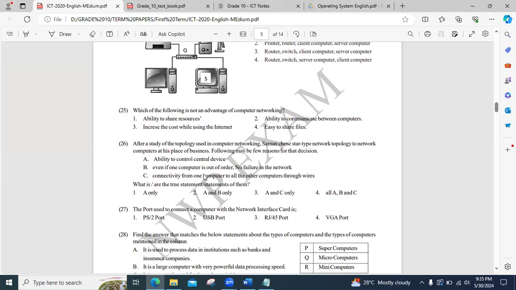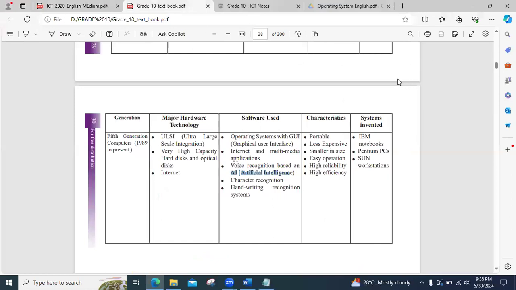After the study of the topologies used in computer networking, someone chose the star type network topology to network computers at his place of business. The following may be a few reasons for this decision. Able to control by a central device.